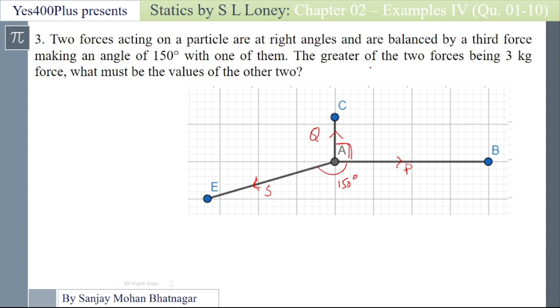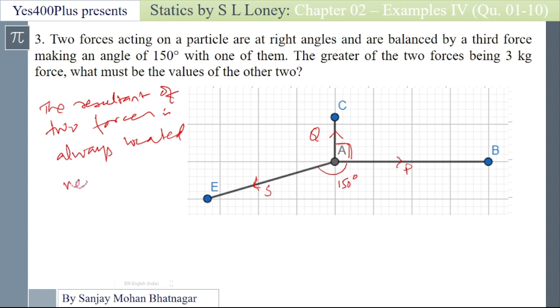The greater of the two force being 3 kg force. अब इनमें से दोनों में से बड़ी force 3 kg की है। एक बेसिक चीज याद रखिए, the resultant of two forces is always located near the greater force.